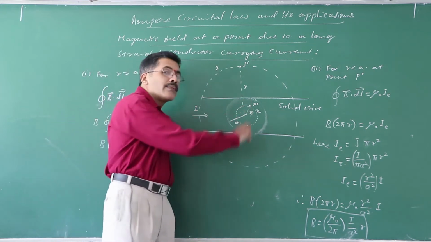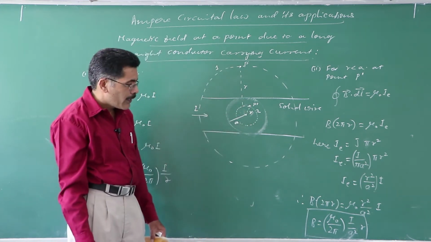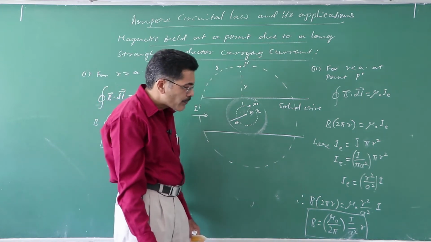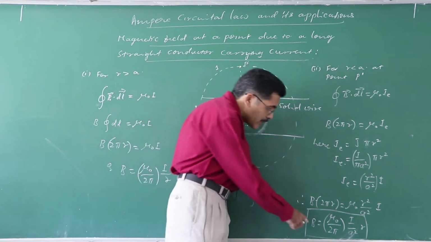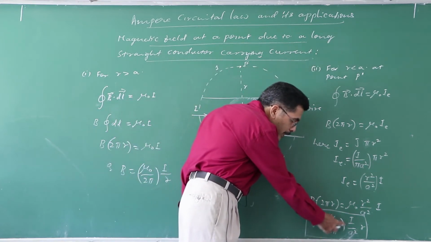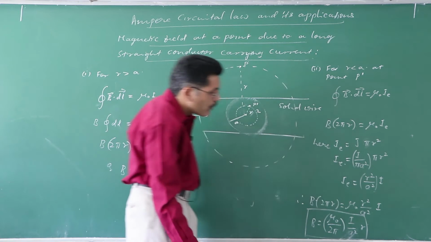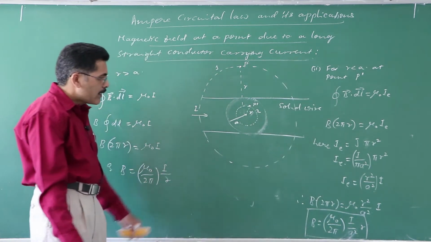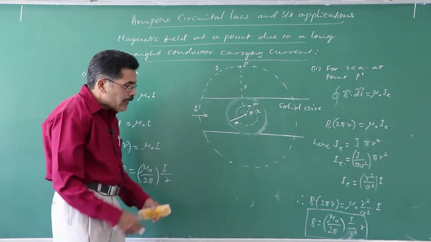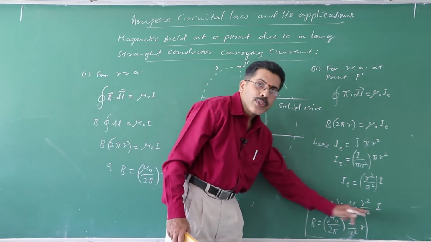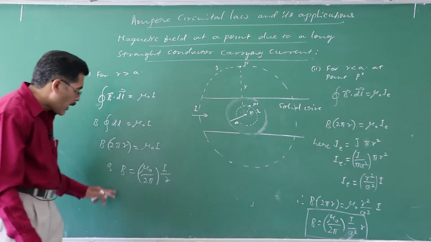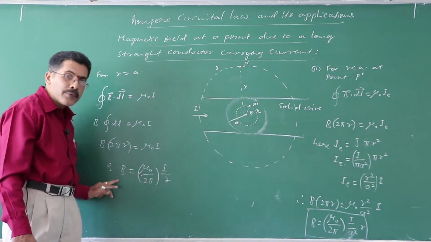For a wire of radius a, the magnetic field due to current flowing inside the wire is given by mu naught by 2 pi into I by a square into r. This equation tells you that inside, the magnetic field is directly proportional to r. Outside, the magnetic field is inversely proportional to r.